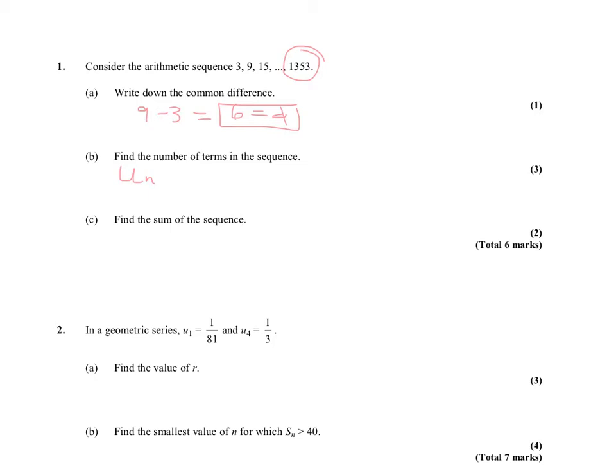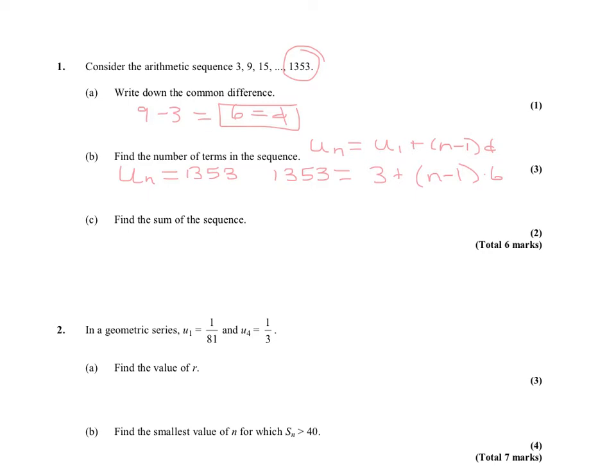Now, we have to decide, is 1353 the n or the u sub n? Well, n is which term it is. U sub n is the actual value of the term. The value of the term is 1353, so u sub n is 1353. So we can actually substitute in to this formula that is for arithmetic sequences. U sub n is 1353, u sub 1 is 3, n is what we don't know, but we know the common difference is 6.